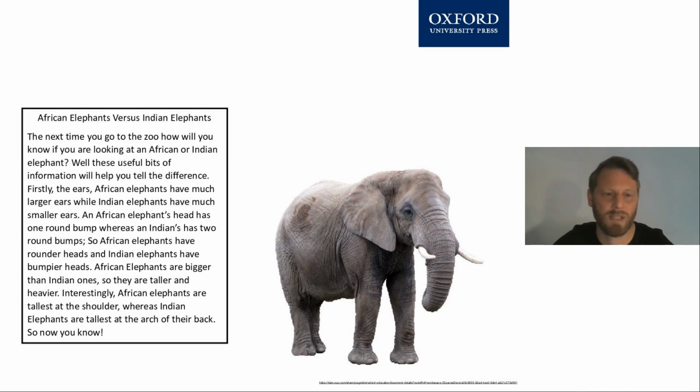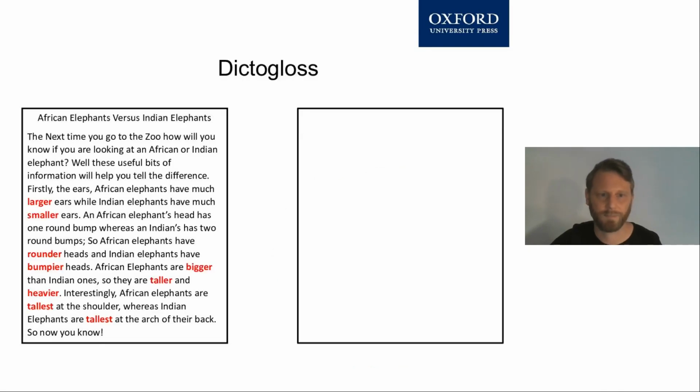What language point is contained in this text that we're asking our learners to? Comparatives and superlatives. Yes, exactly. Comparatives and superlatives. There you go. They're in red. So this is an example of a text that we could use in the next activity I'm going to look at, a dictogloss.